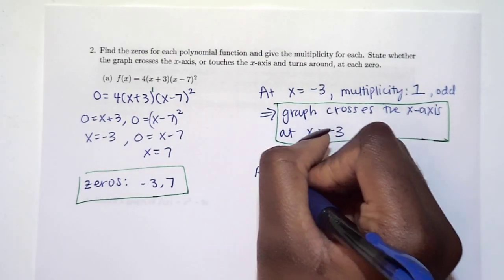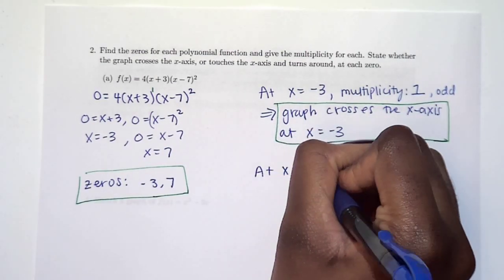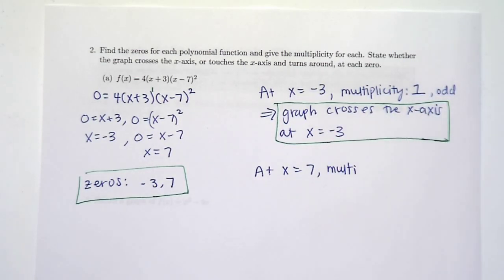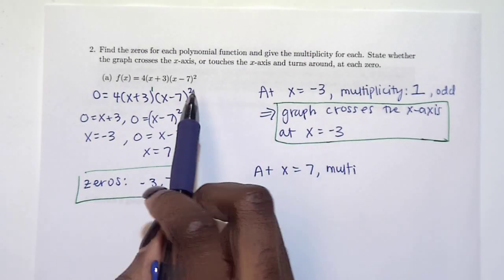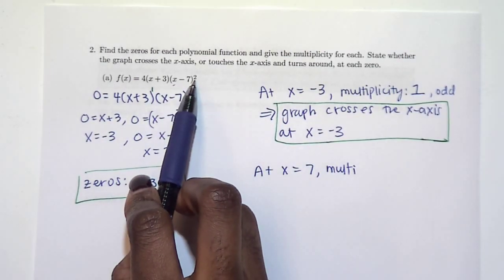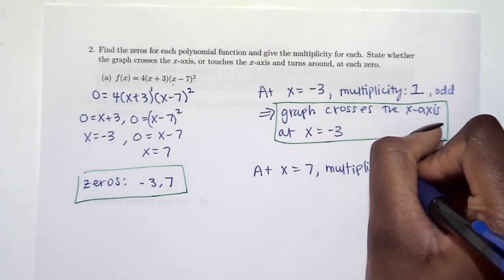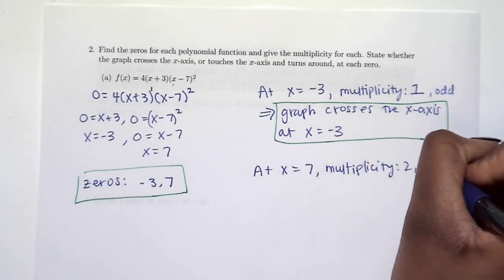Our other 0 was x equals 7. So how many times will 7 give us a 0? Well, twice up here. Here's our power. The multiplicity is 2, which is an even number.